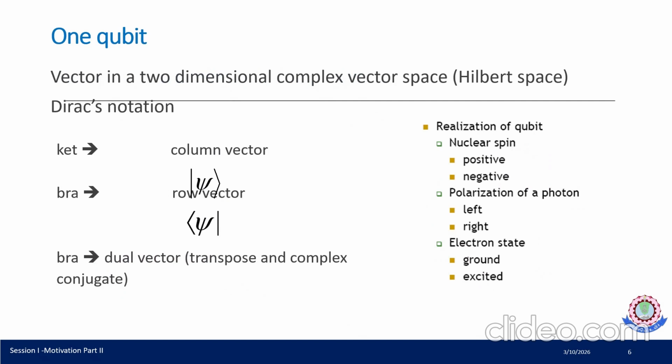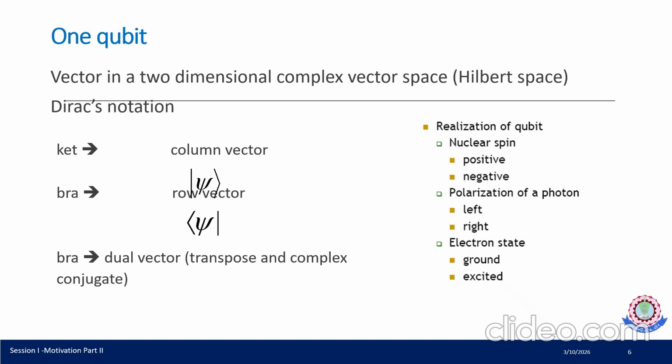One qubit is represented in vectorial form, as a vector in a two-dimensional complex vector space, which is called a Hilbert space in the quantum computing field.